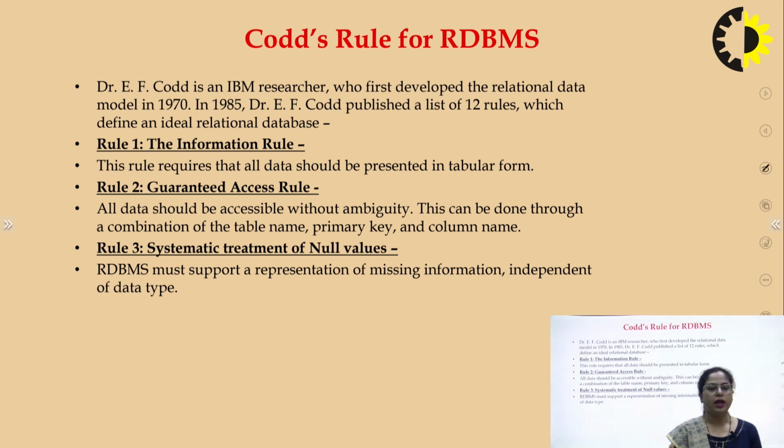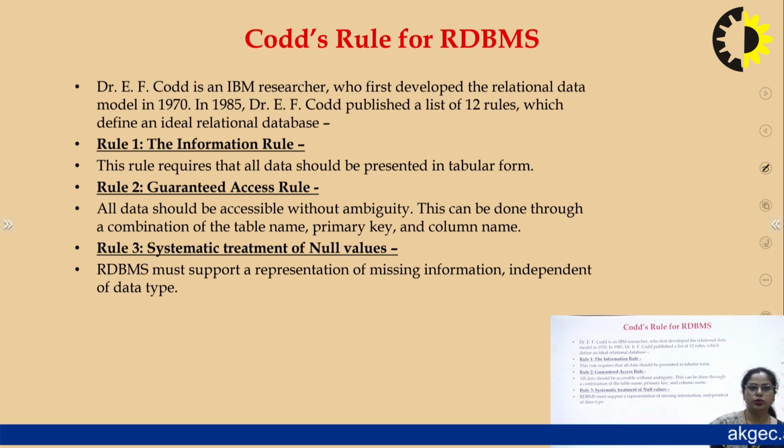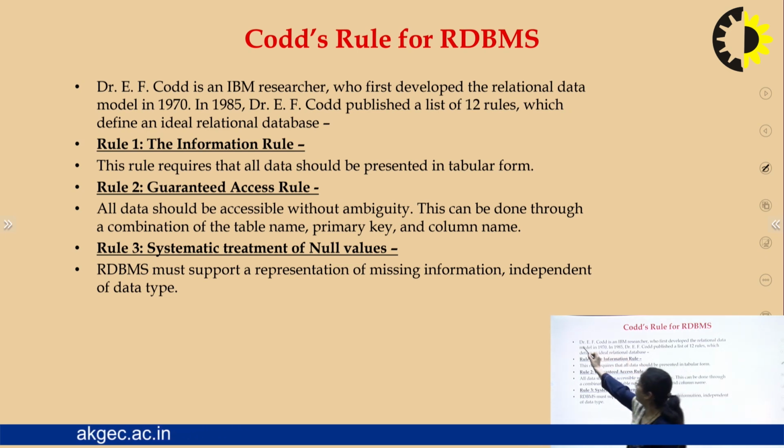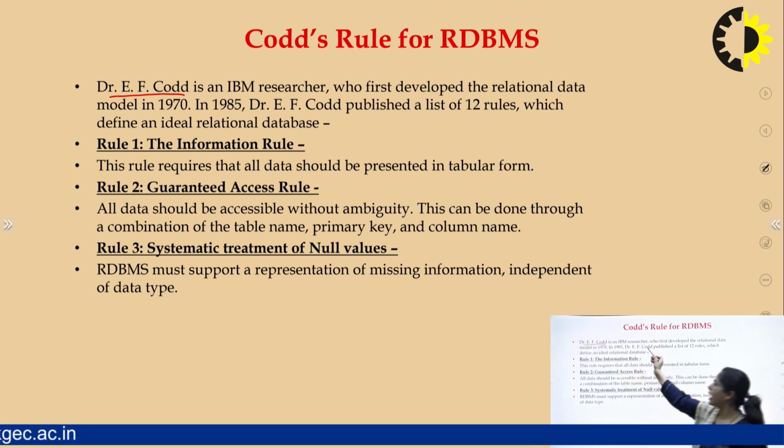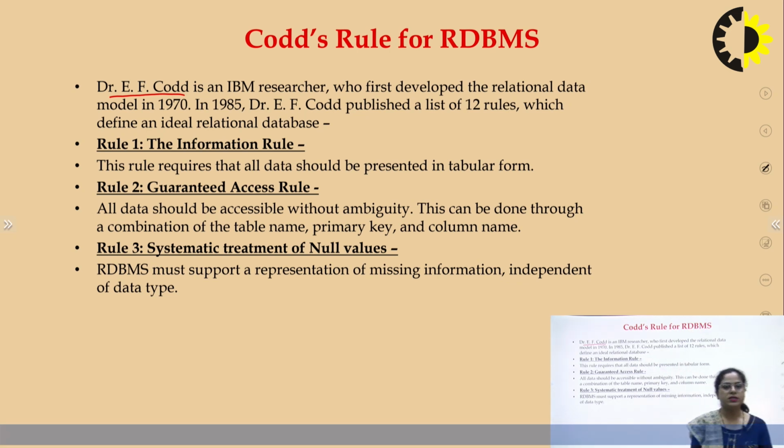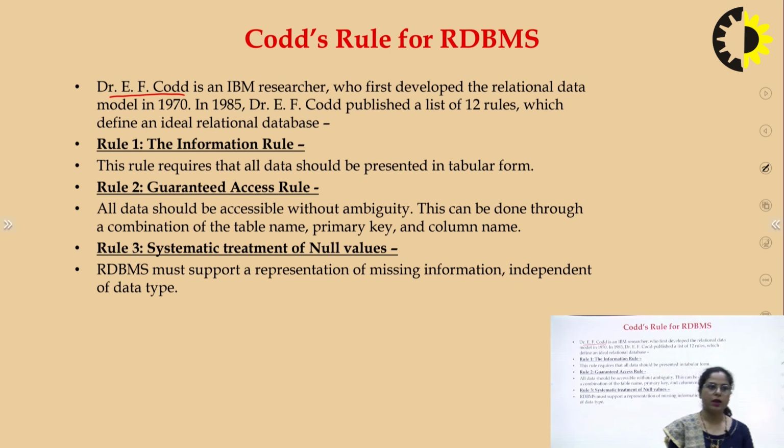After that, I will tell you Codd's rules for the DBMS. There are 12 rules for the relational database model, developed by Dr. E.F. Codd. Dr. E.F. Codd is an IBM researcher who first developed the relational data model in 1970.